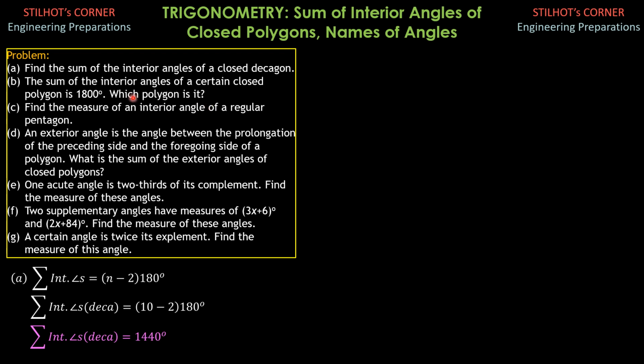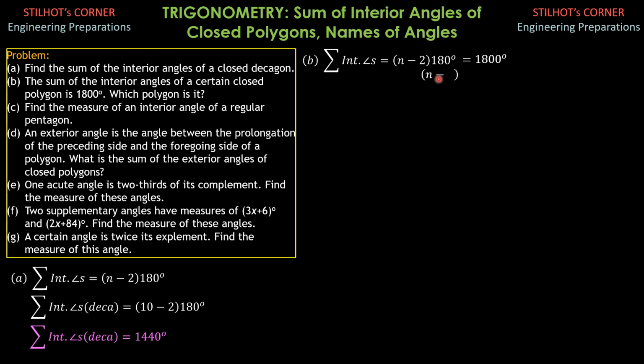So let's substitute. This is the formula for the sum of the interior angles. Summation of interior angles is n minus 2 times 180 degrees. Then we equate that to 1800 degrees.